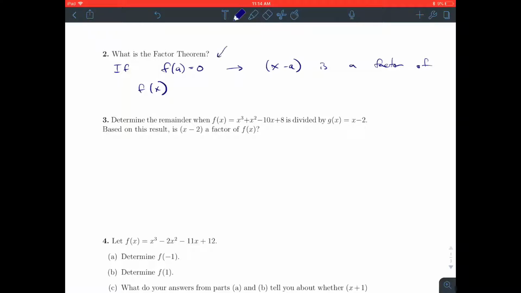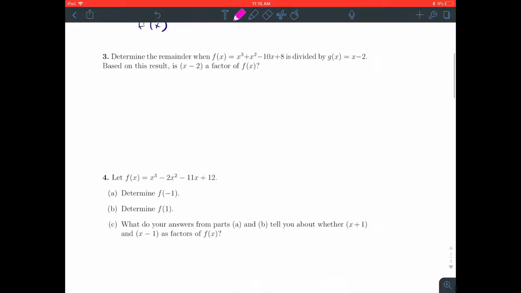If f of a is 0, then a comma 0 is an x-intercept. And what we saw is that when we have an x-intercept for a polynomial function, the factor x minus a is a factor of f of x. So that middle step helps justify it.